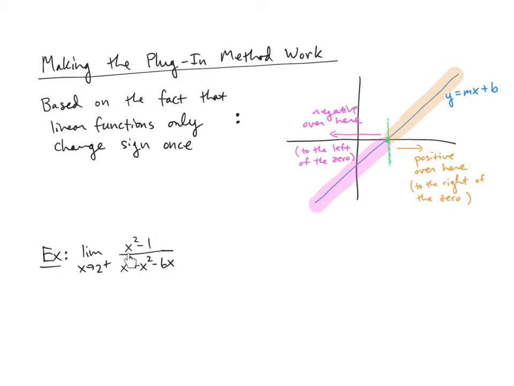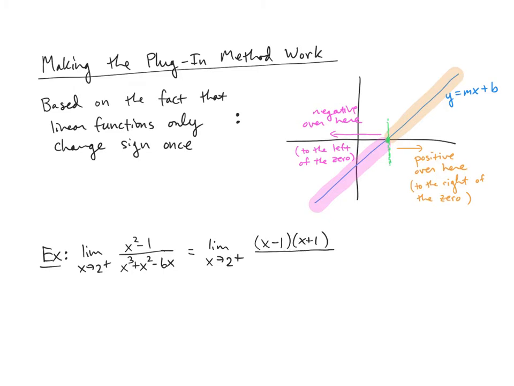So let's return to our example here. Our fact is about linear functions. To use that fact, we're going to just factor our polynomials. We're going to make sure we factor everything so we can get down to just talking about linear polynomials, products of linear polynomials, and then we'll be able to use this fact where it's relevant. So our first step here is just to factor, and our numerator is x minus 1 times x plus 1, being a difference of squares.